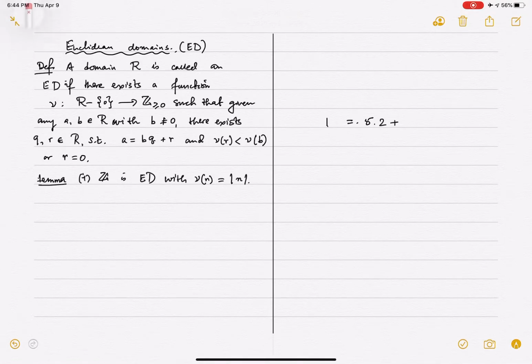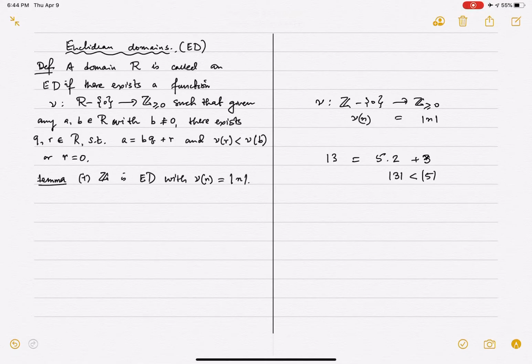What this is saying is that you have this function nu from non-zero integers to non-negative integers, sending a number to its size, nu of n equals the absolute value of n. If you give me a number and another number, I can divide and always get a quotient and a remainder, and the remainder always has size less than the thing that I divided by, or the remainder is 0. So this also works for negative numbers, by the way.